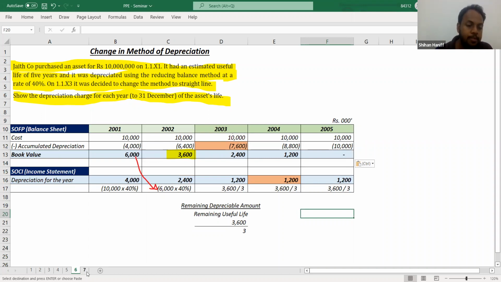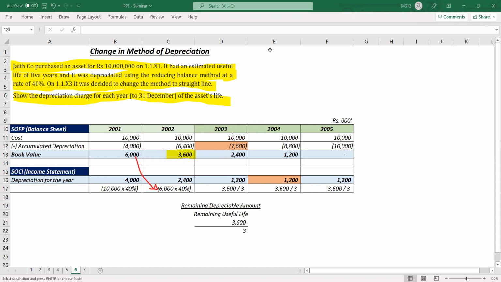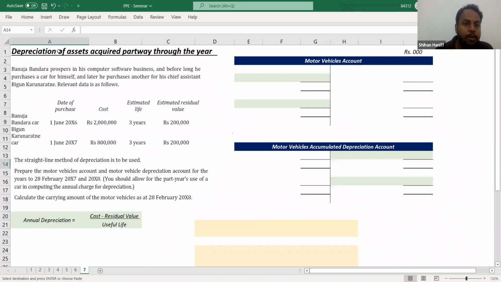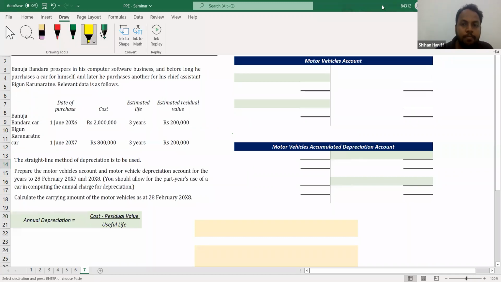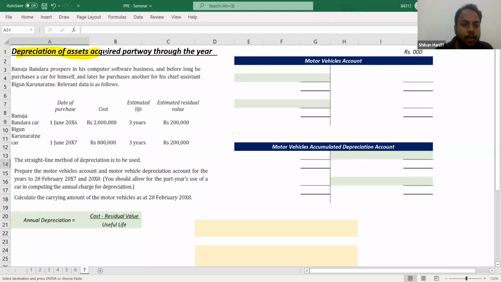Next, I'm going to do depreciation of assets acquired partway through the year. So when we purchase an asset in between the year, say we purchase on 1st of July, or on 30th of September, how do we adjust the depreciation? So let's do this question.